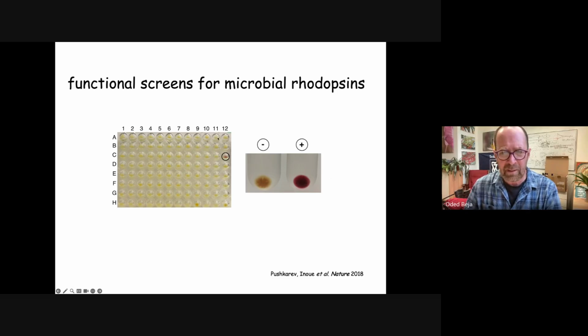So here you can see a 96-well plate with different clones, different DNA from the environment, and one of them gave color once we added retinal to the libraries. And this turned out to be a very interesting rhodopsin. You can appreciate this deep purple color here.